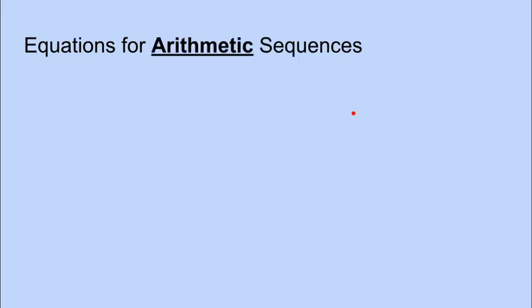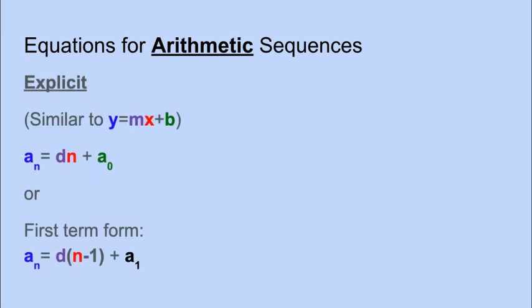So let's look at equations for arithmetic sequences. The general form is really similar to the equation of a line because they grow at a constant rate. But just to be extra fancy special, they use this notation. So a_n equals d times n plus the zero term, a0.